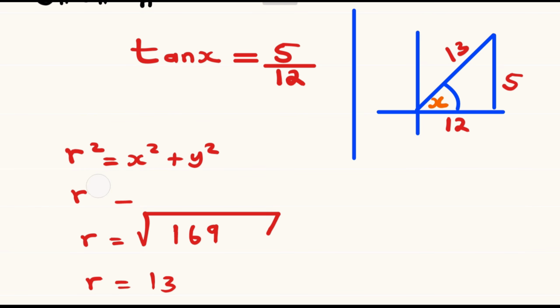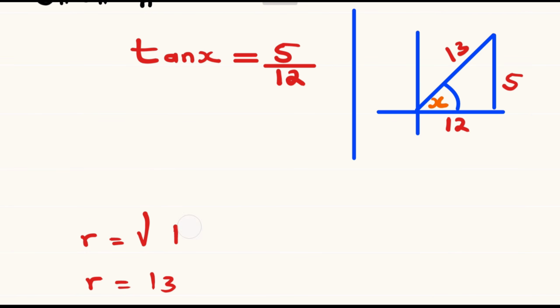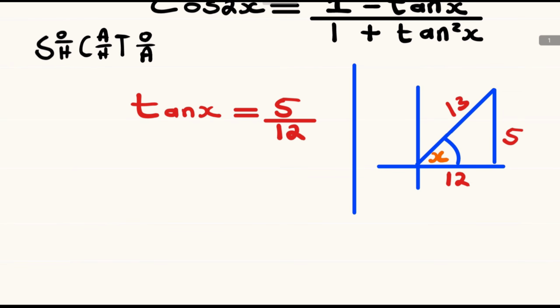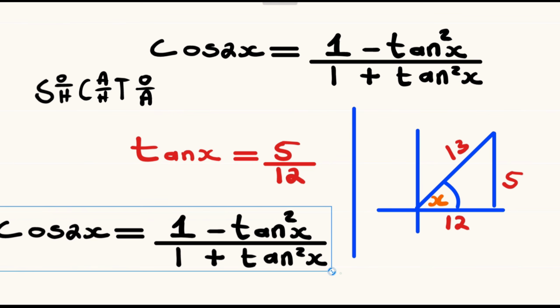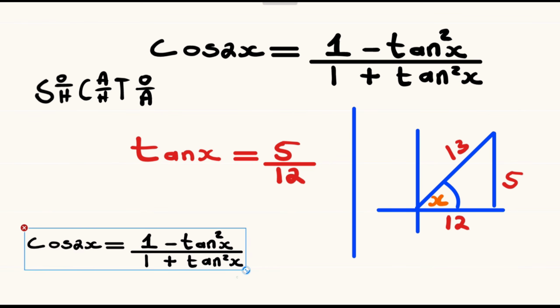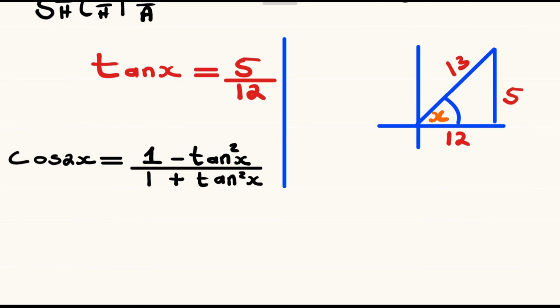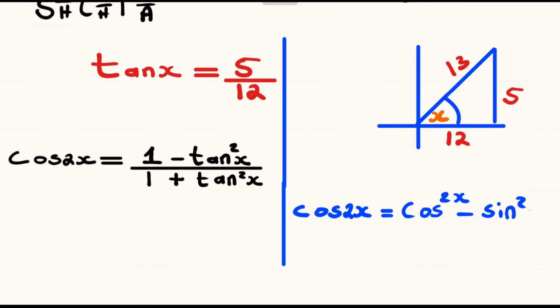So now we can determine the cos 2x. We determine the cos 2x using that trigonometric identity and also using our diagram on the right. So we'll do it both ways. So cos 2x, we are going to use the trigonometric identity cos 2x is equal to cos squared x minus sine squared x. So this one you should be familiar with.